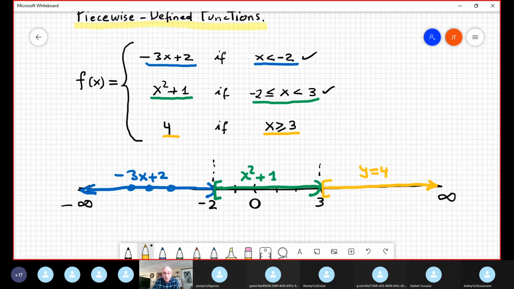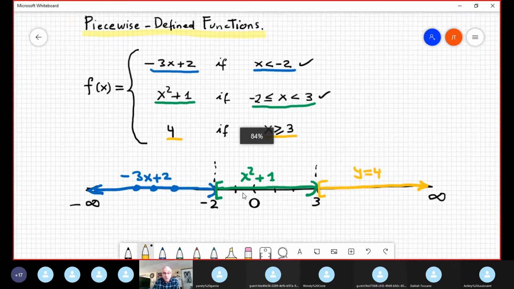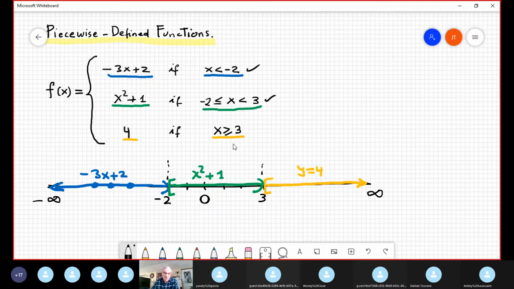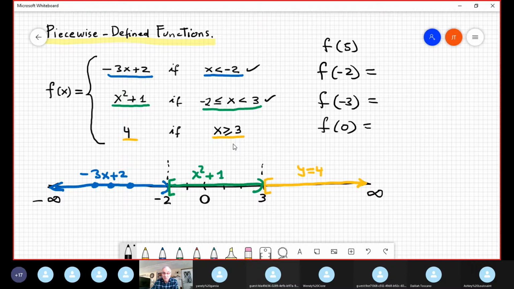Suppose, professor, what is the question? Well, the question is to evaluate this piecewise function at different given values. For example, you evaluate negative 3, you evaluate 0, you evaluate 5.